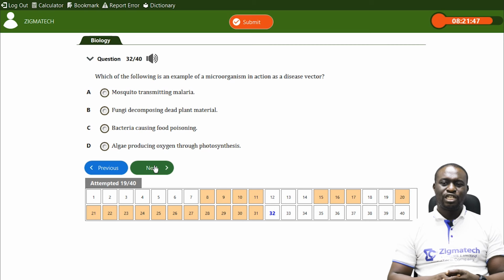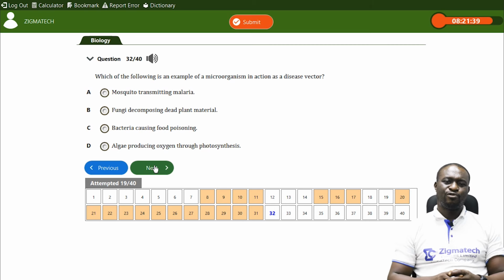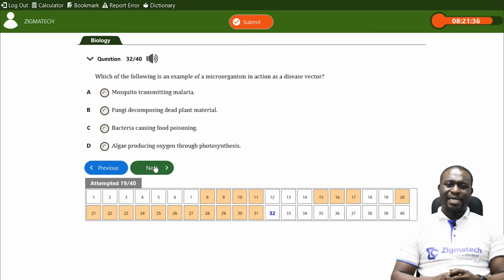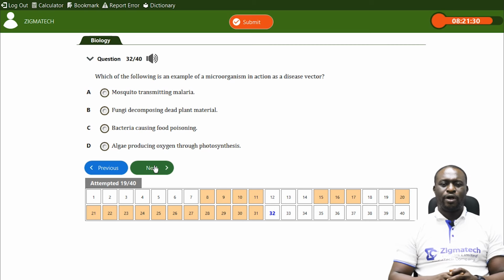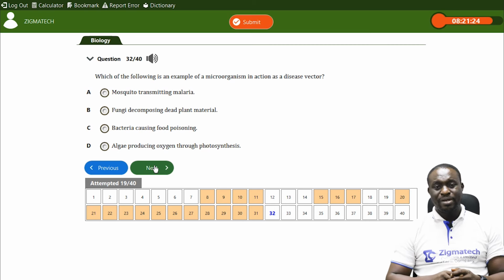A says mosquito transmits malaria. Now, microorganisms don't move on their own per se. They are being transmitted, carried from one place to another. We have what we call carriers of microorganisms.